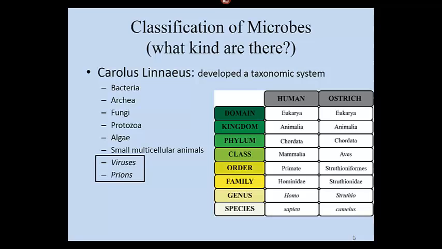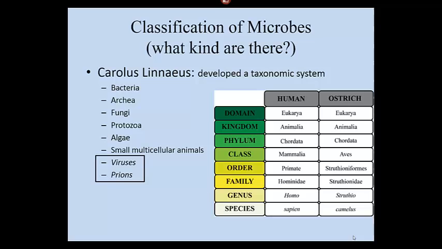So this system of organization goes from very broad, huge categories of the domain and classifies organisms based on both their morphological similarities as well as their physiological similarities and genetic similarities, all the way down to decreasing levels of organization where you're getting more and more specific.